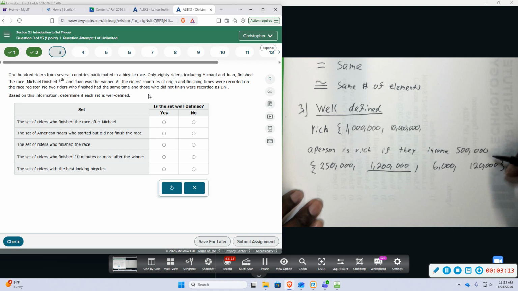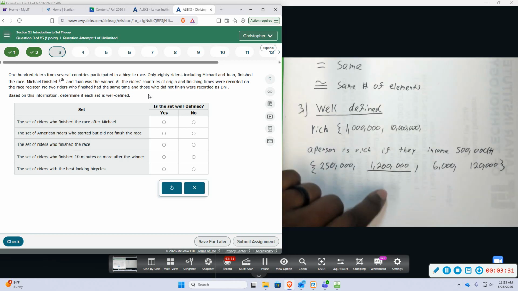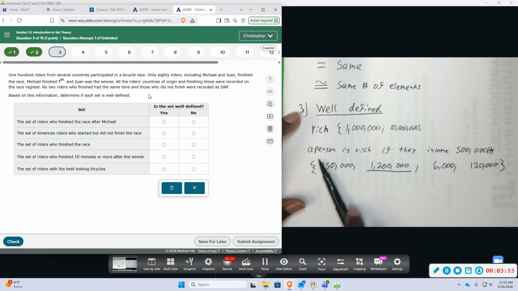I say more than 500,000. This one is below. This one is above. So we would consider them rich. This one is 6,000, way below. 120,000 is below. So based on this we would say it's well defined, because we would all conclude that this one is rich based on what we define.